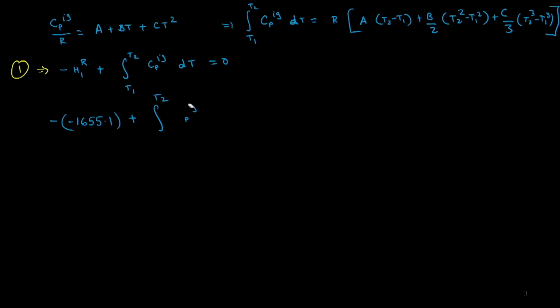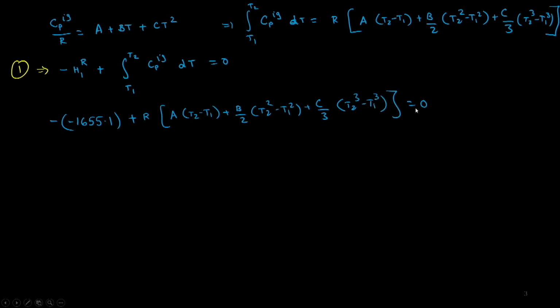Well, let's write the expression we have: R times A(T2 minus T1) plus B by 2 (T2 squared minus T1 squared) plus C by 3 (T2 cubed minus T1 cubed) equals 0.